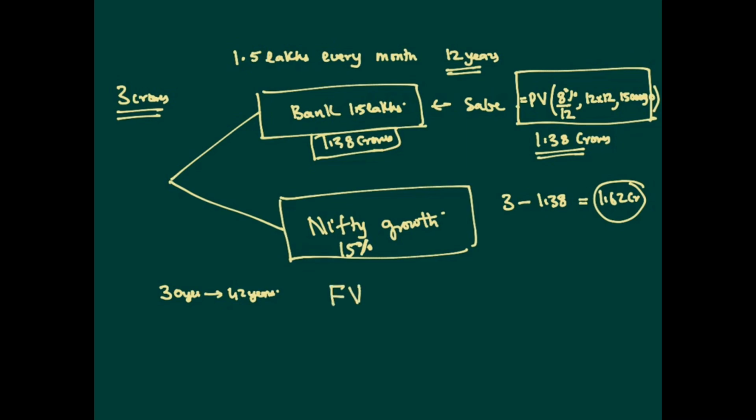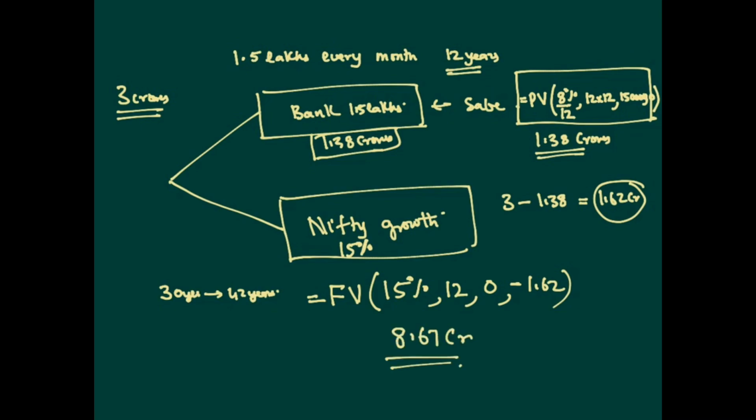Put future value, 15% compounded, 12 years, 0 and minus 1.62, and then put enter, and you will get 8.67 crores. So that means you will have on your 42nd birthday 8.67 crores.